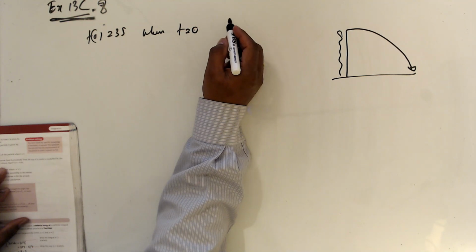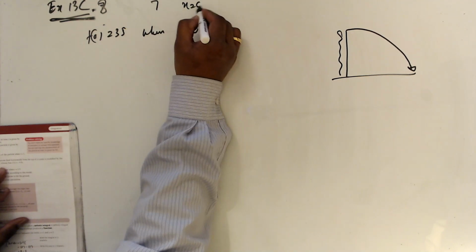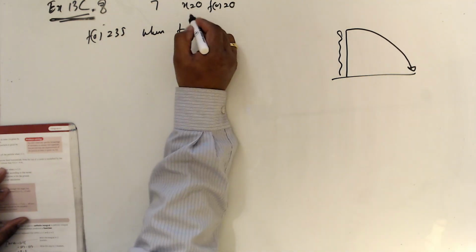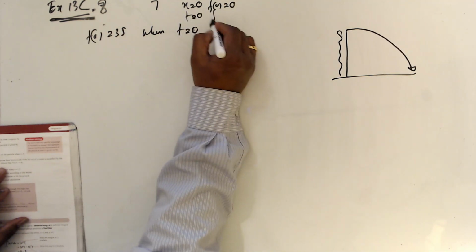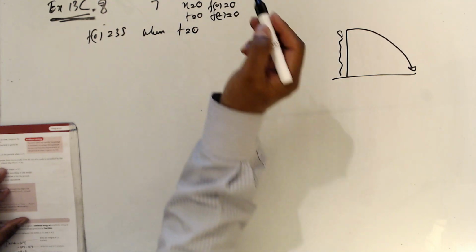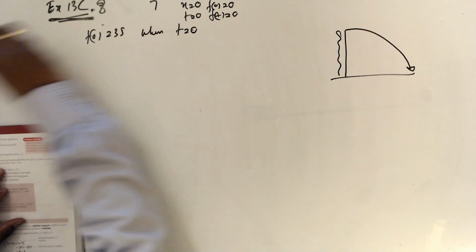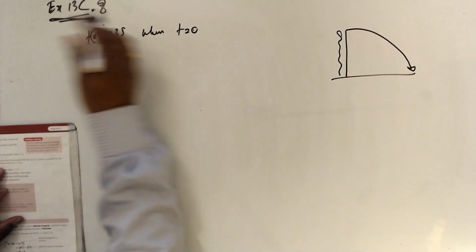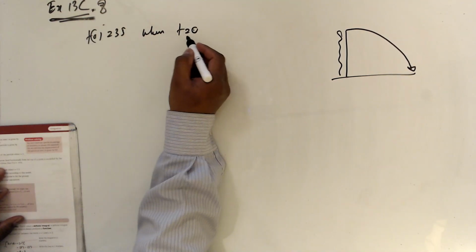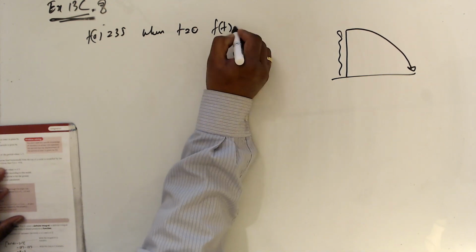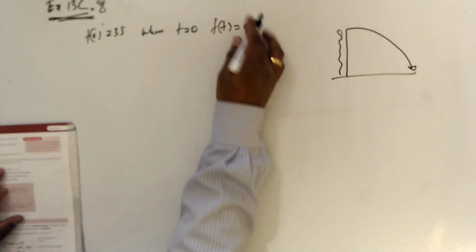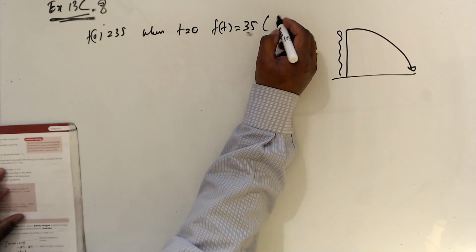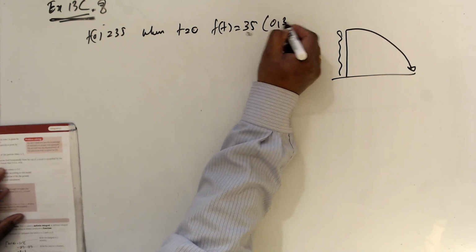Actually in the previous number 7, I said x equals 0, f(0) is 0. So that has to be t equals 0, f(t) equals 0, because the function is not x(t). So here when t equals 0, f(t) equals 35. It means this is going through the point (0, 35).